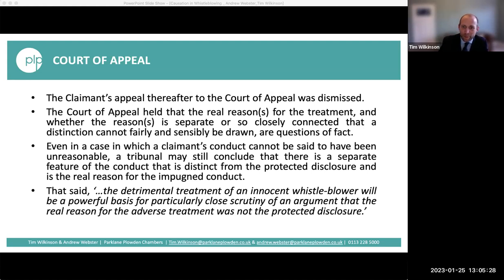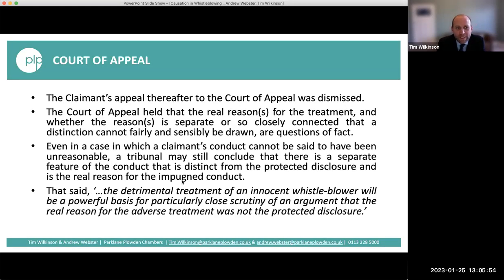But the Court of Appeal wasn't impressed with that. It said Martin and Devonshire hasn't laid down a rule of law. There's no objective standard of reasonableness of the whistleblower's conduct which will determine whether or not the separability applies or not.